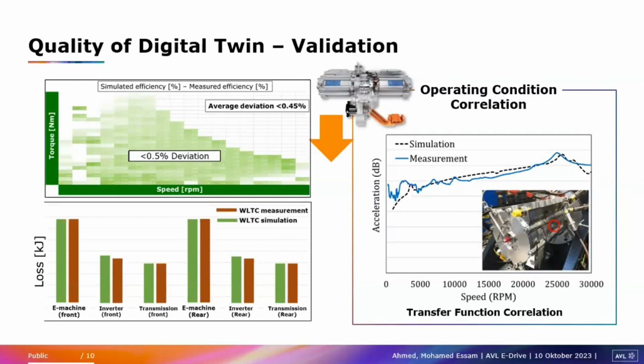So here we can see the correlation between the cycle efficiency in measurement and simulation. We had a front EDU and a rear EDU, and we correlated E-machine, inverter, and transmission losses over the cycle with a very good correlation. Same for the NVH responses: we can see a correlation between simulation and measurement on the test bed.